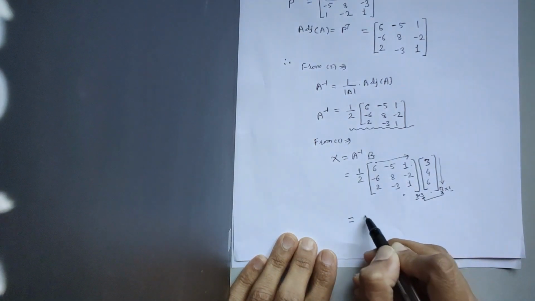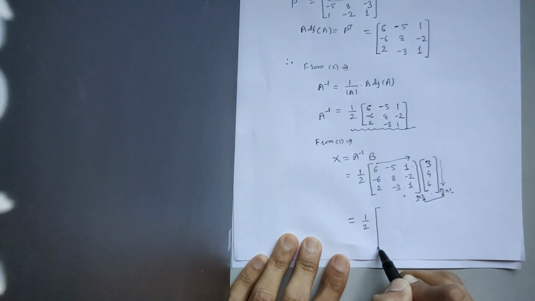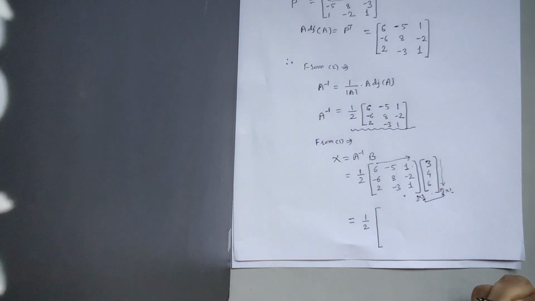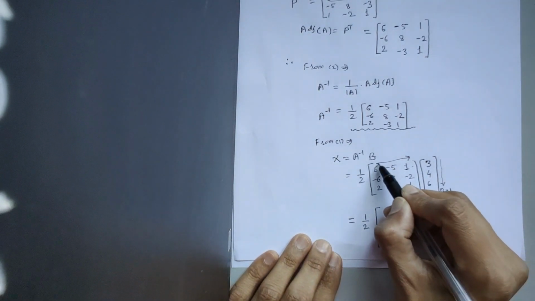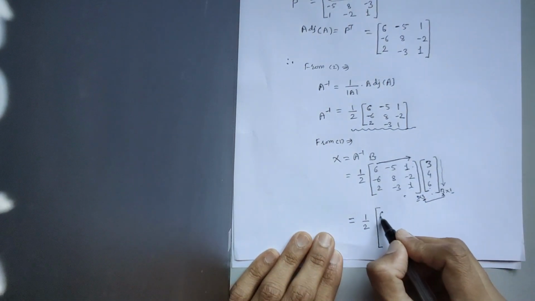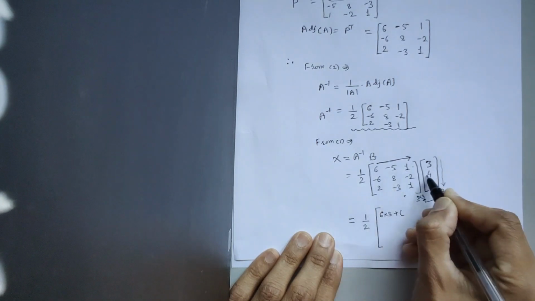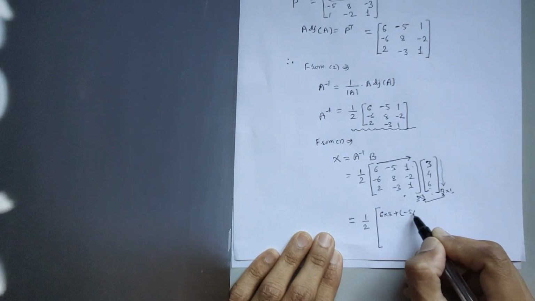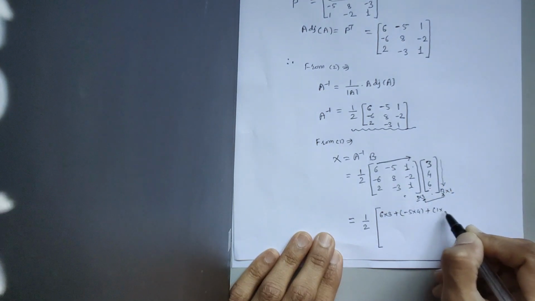If you don't understand how to multiply the matrices, then just watch the lecture again, and you will know it. So I'm taking the first row, first column: 6 multiplied by 3 plus -5 multiplied by 4 plus 1 multiplied by 6.